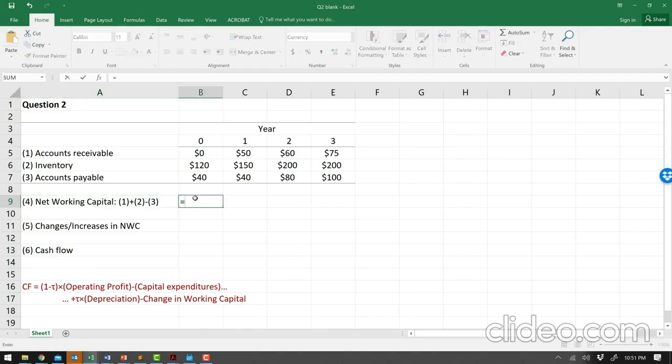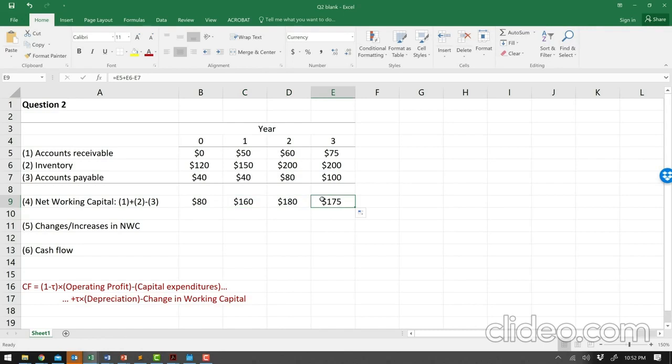Therefore, in year 0, net working capital will equal 0 plus $120,000 minus $40,000, or $80,000. In subsequent years, in years 1, 2, and 3, net working capital will equal $160,000, $180,000, and $175,000 respectively.